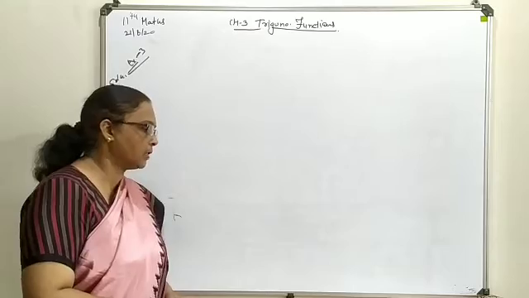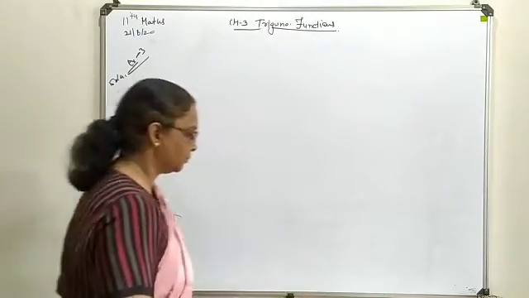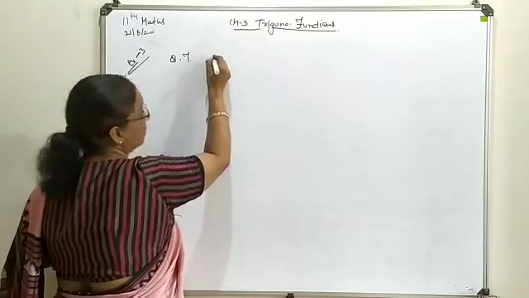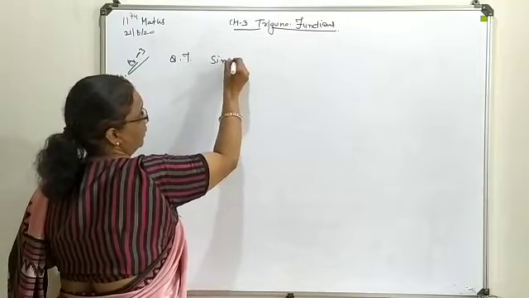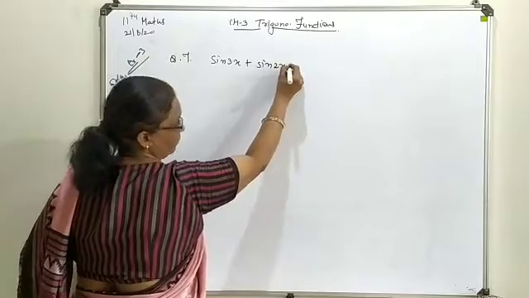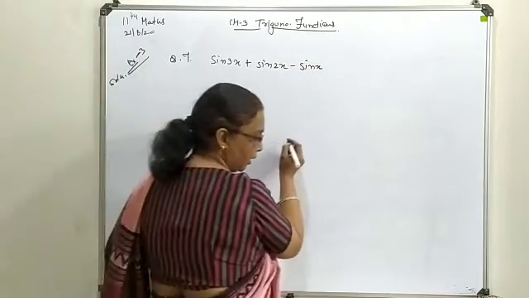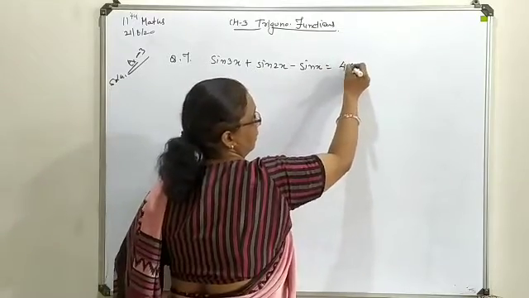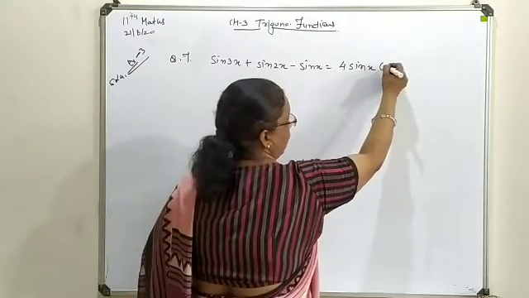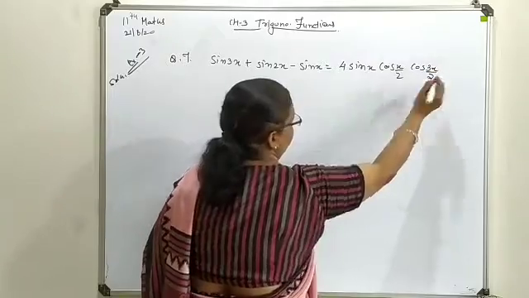Now the next question is again based on the same category, so let's try to attend it. Question number 7. Sin 3x plus sin 2x minus sin x is equal to 4 sin x cos x by 2 and cos 3x by 2.